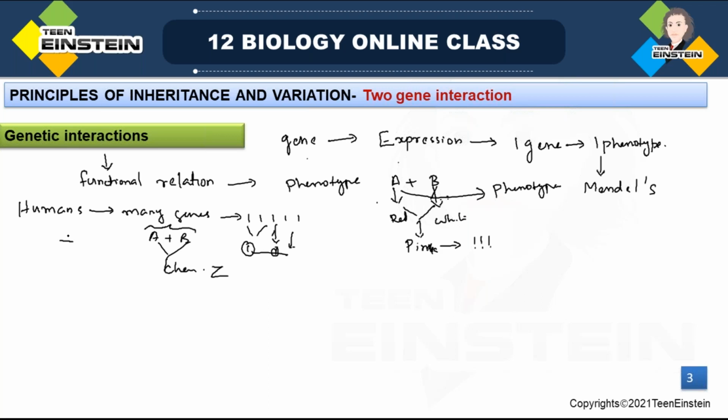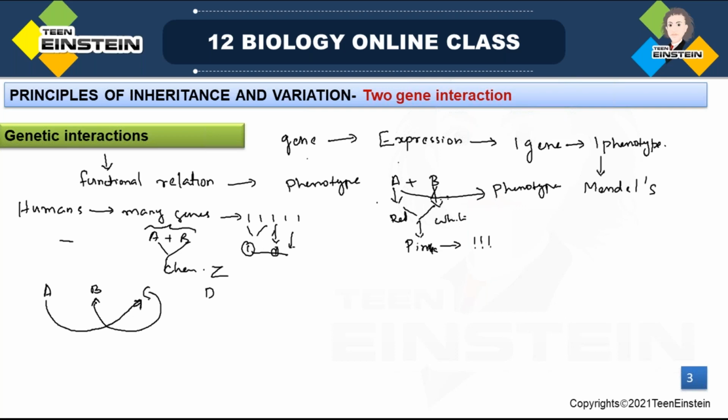See, for example, there is a gene A, gene B, gene C, gene D. Sometimes gene A will work first and it will reach C. From C, some product will form, some enzyme. This enzyme will activate gene B. If there is no gene C product, this gene B may not work.